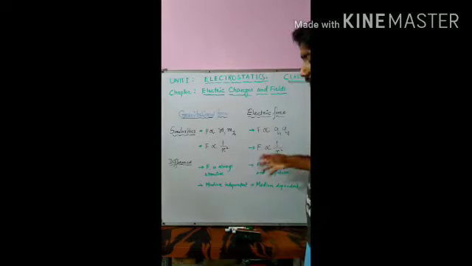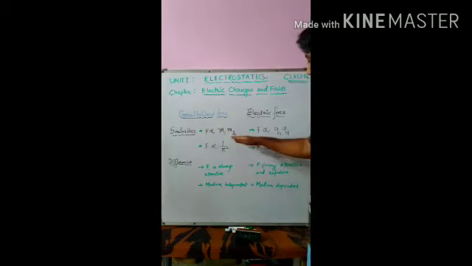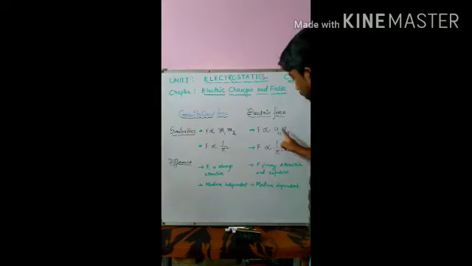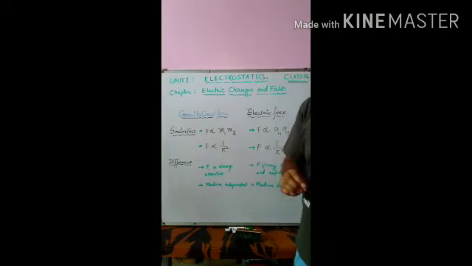Now, the new force that we are going to study in class 12 has a similar pattern. It is also directly proportional to Q1 into Q2. I have written Q1 into Q2 directly, but what are they? We will come to that.